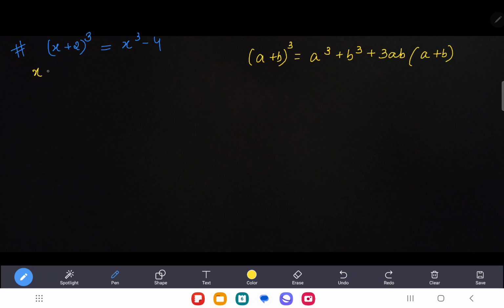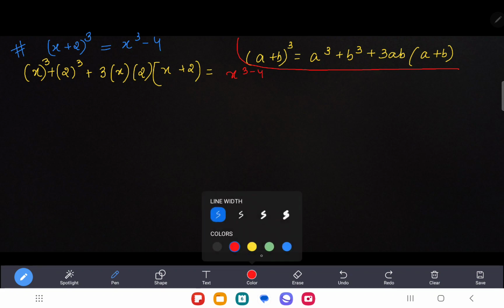So we will have x cube plus 2 cube plus 3 times x times 2, 3ab, into x plus 2. And on the right hand side, we have the x cube minus 4.